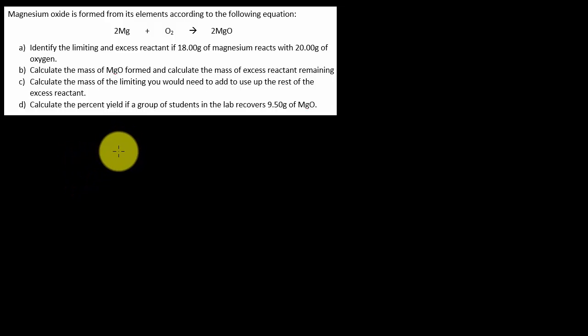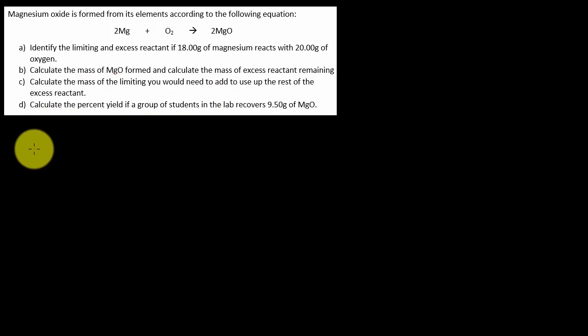For the sake of time, I'm just going to pick the way that is, in my opinion, the best way, because it helps answer some other questions down here, and it gives us some good practice with conversions. There are some quicker ways for determining the limiting reactant and the excess reactant, but this is just the way I prefer to do it. It's a nice way to get another answer later on in B.